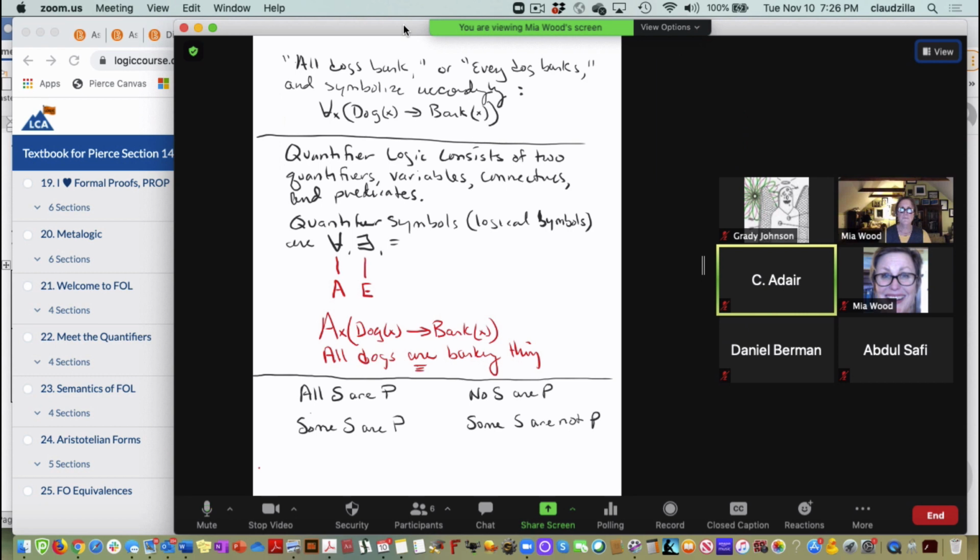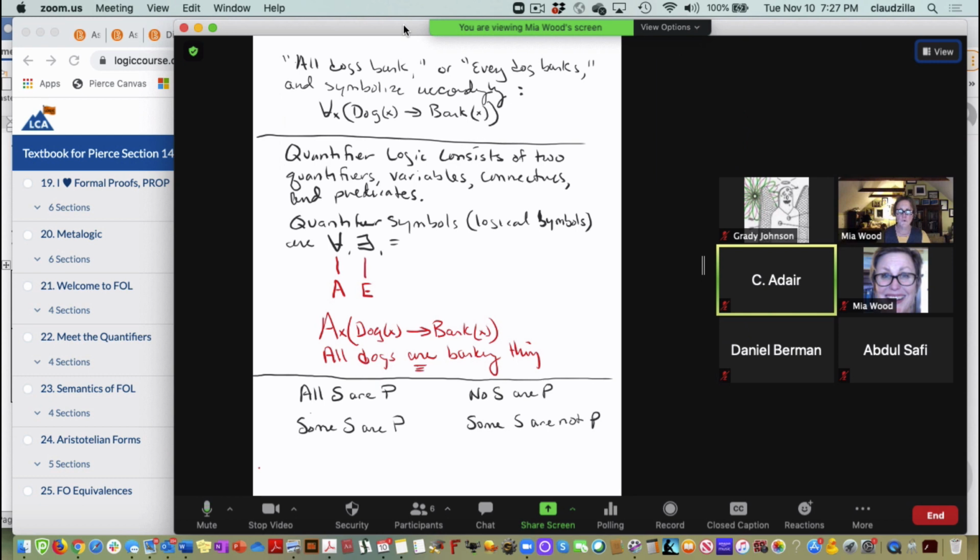Similarly here, we know all this other stuff already, but now we're looking at what's going on with quantifier logic, same thing. We've got a logic that's effectively built out of 4 statements, 2 statement types.